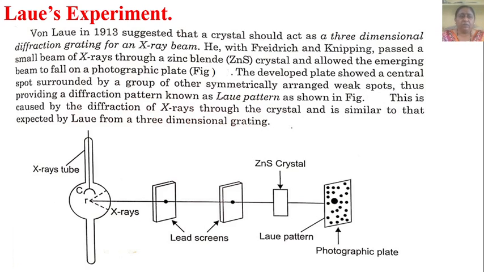Now this is a basic diagram for Laue's experiment. See here, we have an X-ray tube that produces X-rays. These X-rays are turned into a very fine beam by using lead sheets in which you have small pinholes.